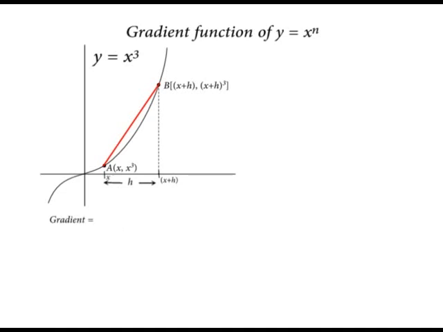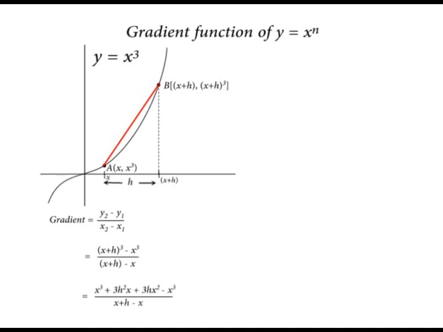Change in y over change in x, that is y2 minus y1 over x2 minus x1. X plus h cubed minus x cubed over x plus h minus x. Expanding the numerator, we shall have x cubed plus 3h squared x plus 3hx squared minus x cubed over x plus h minus x.